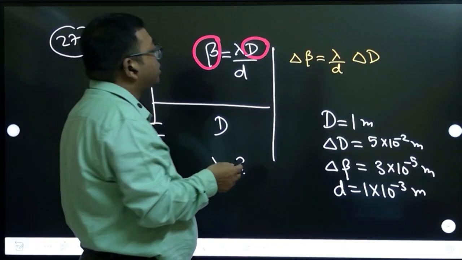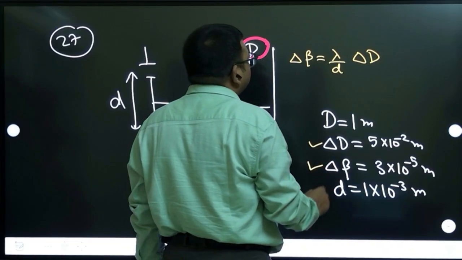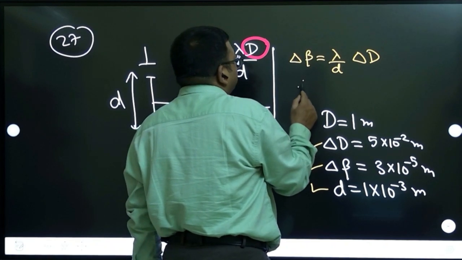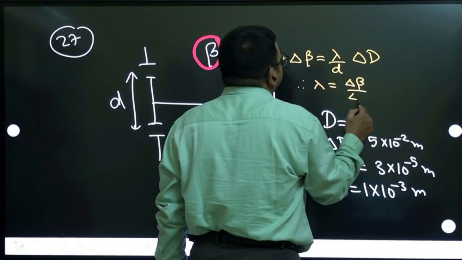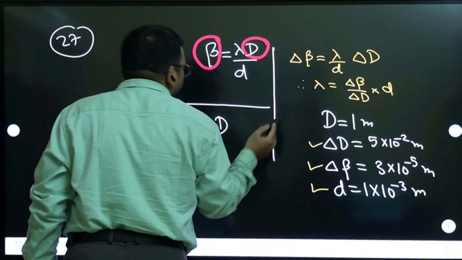So now I think we can substitute here, because they have given delta D, they have given delta beta. Direct substitution from here. So lambda is equal to delta beta by delta D into small d. Just multiplication and division we have to do.